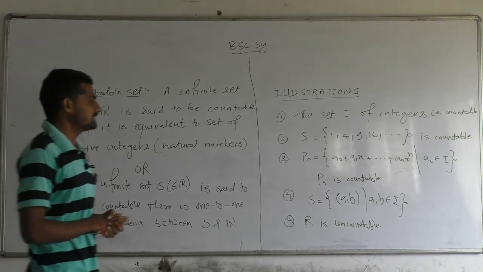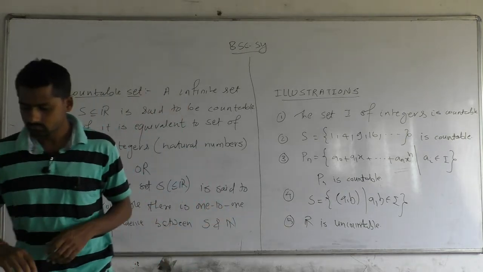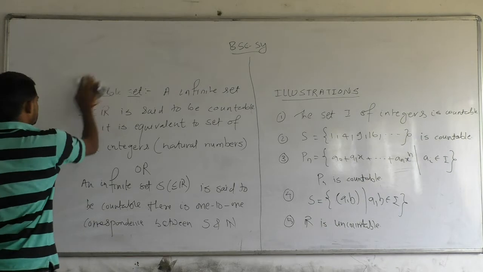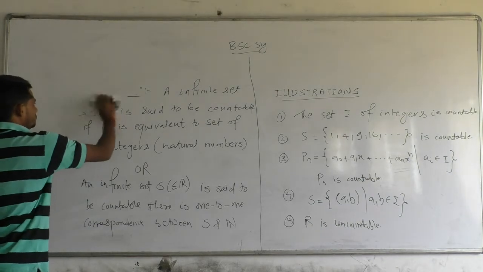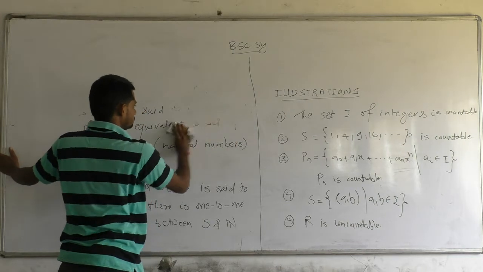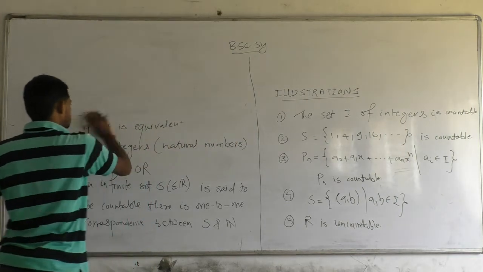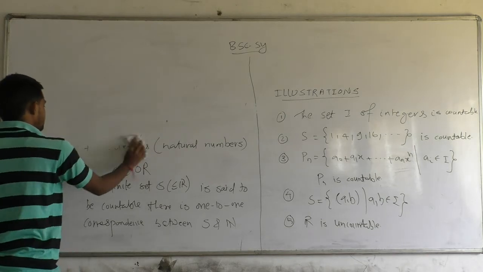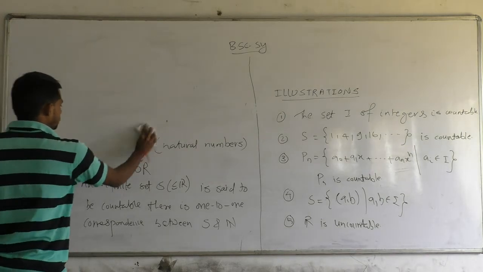Hence, the set R is uncountable. Now an example I am going to discuss, which is very important.